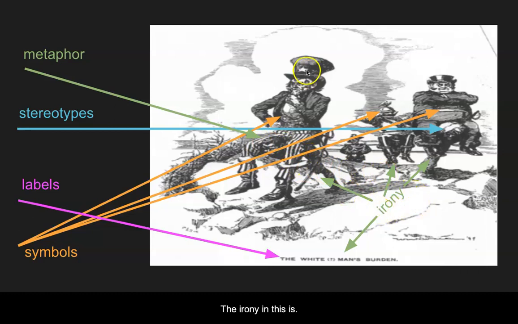And then the irony in this is, if you take the label, White Man's Burden, and then if you look at what's going on, you don't actually see the white man's burden. You see the men from the colonies. So in this case, India. I'm guessing this would be the Philippines.